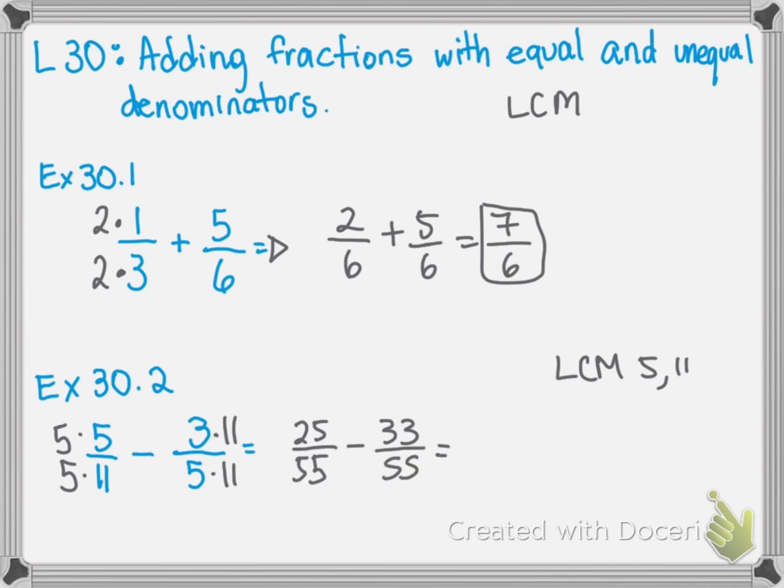And in this case, we would have a negative answer, which would be negative 8/55. And that's it. So remember, what we're looking for is the LCM of the denominators so that we can change both to the same number. And once we have equal denominators, we can add the numerators and keep the denominator.